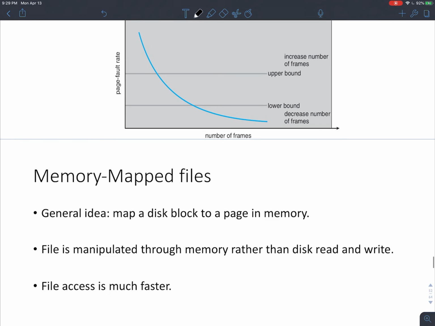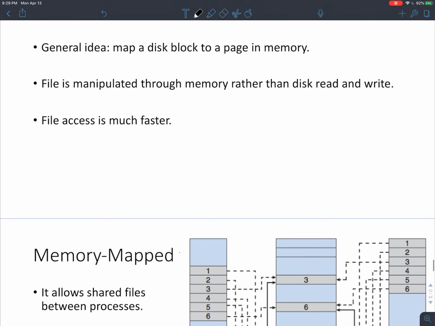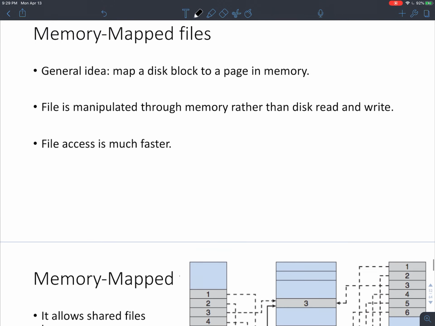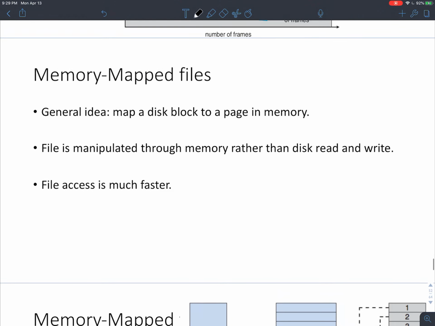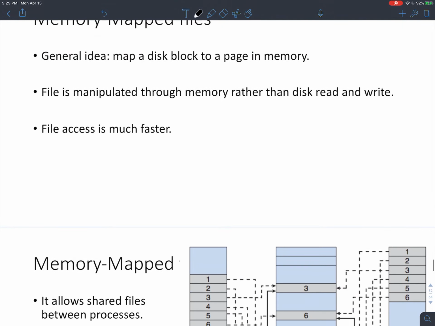Okay, so we can skip the next 2 slides, and then we can come to the next topic called memory mapped files. I provide a program at the same time with the slides to show what memory mapped files are.